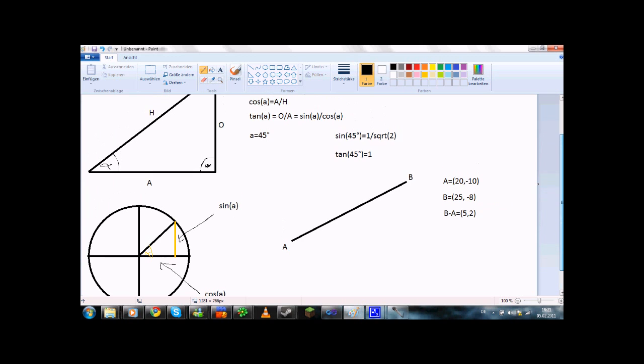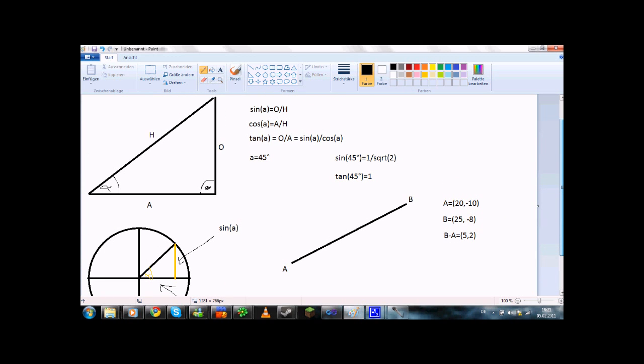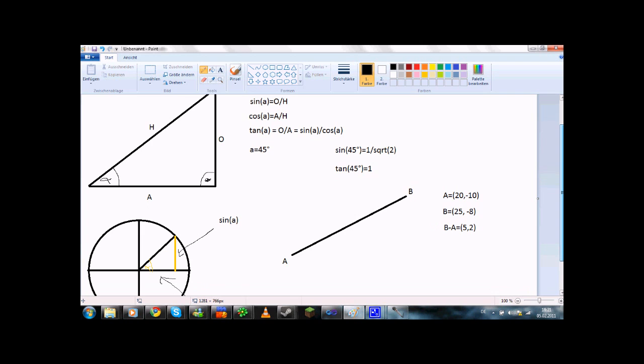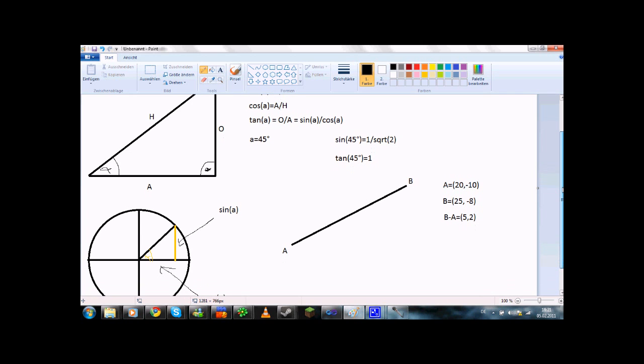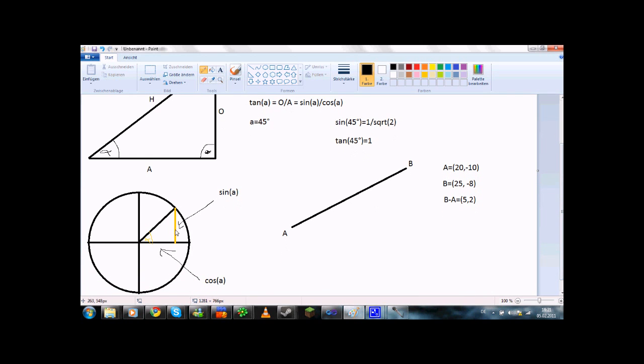And we can do that by dividing our x and our y component by the hypotenuse, because as we know, if our hypotenuse is length 1, our y component is exactly the sine, and the x component is exactly our cosine of A.